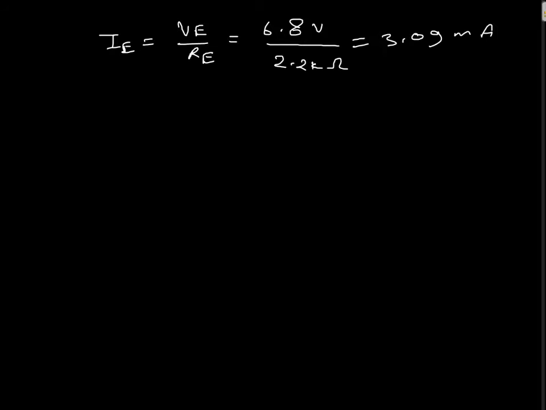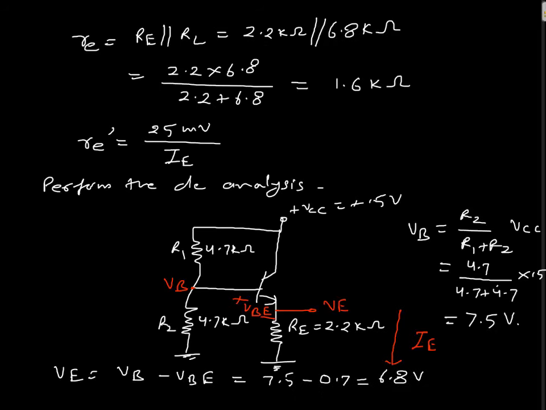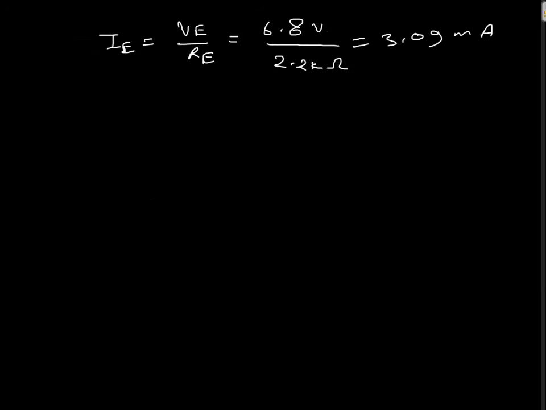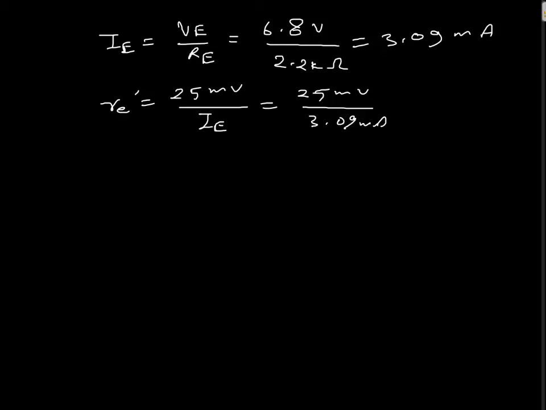Once we know the value of IE, we can calculate RE prime as 25 millivolt by IE, equals 25 millivolt by 3.09 milliampere.